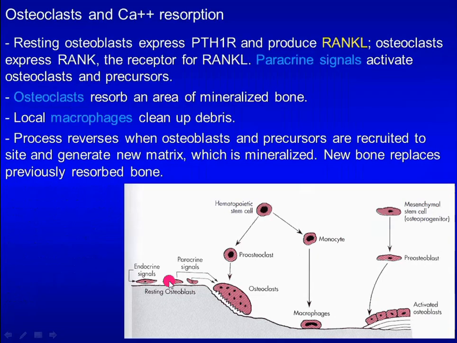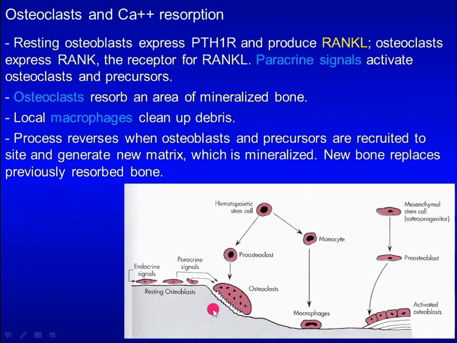Resting osteoblasts express PTH receptor PTH1R and produce RANKL. Osteoclasts express RANK, the receptor for RANKL. Paracrine signals activate osteoclasts.